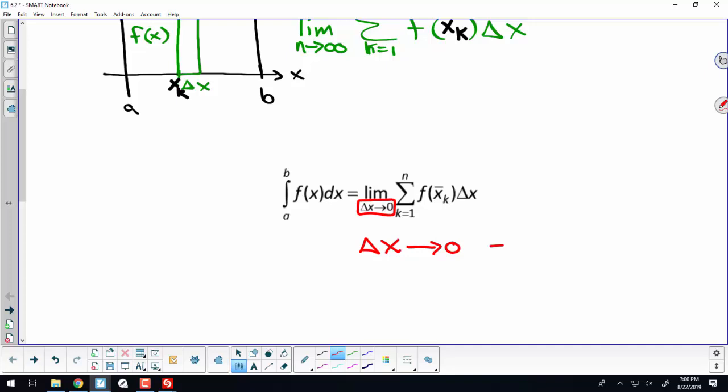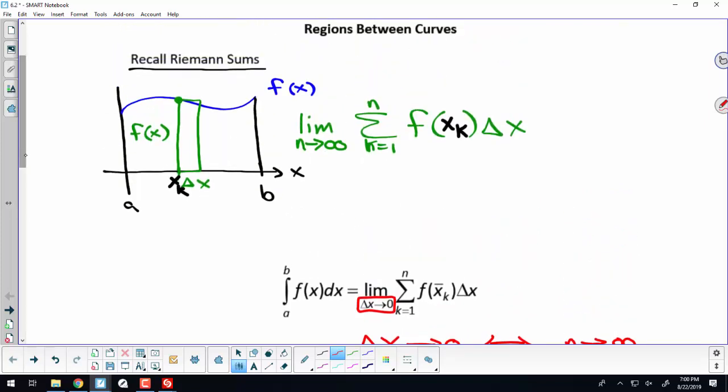Delta x approaching 0 is equivalent to saying n is approaching infinity in this context. And that was the very definition of what it means to compute a definite integral. And the nice thing about these is that it was always the function and the x-axis. That's all we ever had to deal with there.